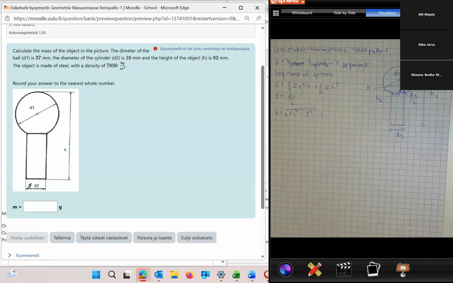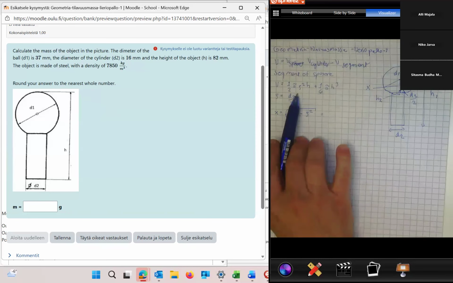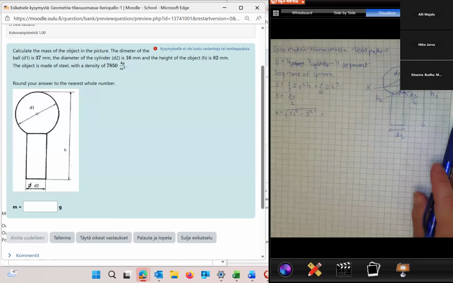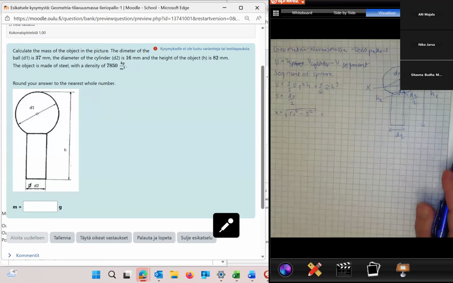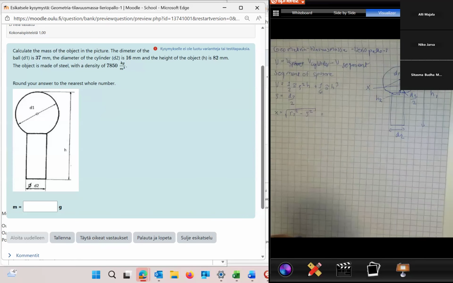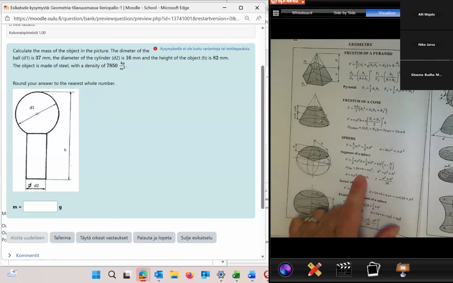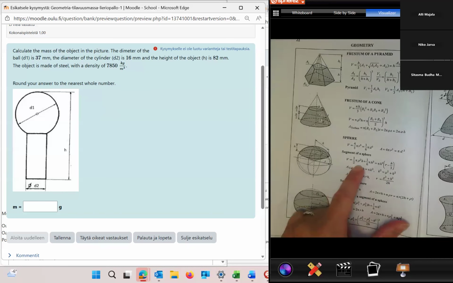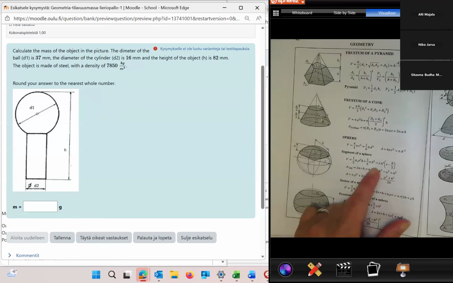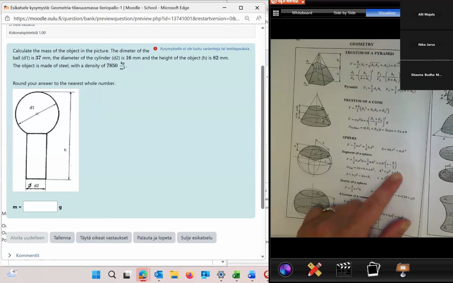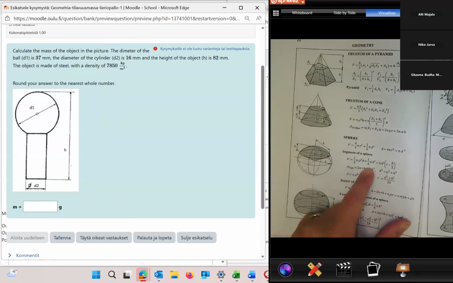And here I've picked some equations that I found from this book because I'm used to using this book. And this is also, of course, what you have in the exam. So the segment of the sphere, for example, here, either of these equations would do, but I have picked this one.